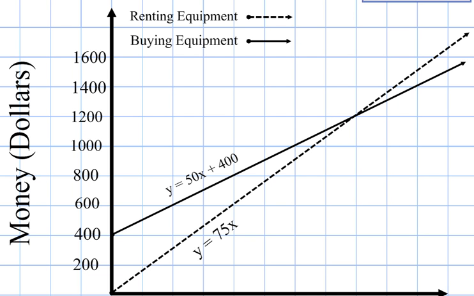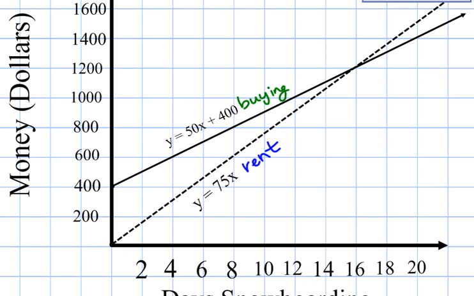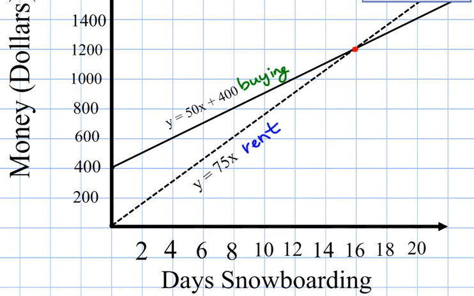This is our renting option, $75 a day. And this is our buying option. It's $50 a day, but I have to pay that $400 once to buy my equipment before I go the first time. Can you see on this graph where the point where these lines cross is? It's right here.